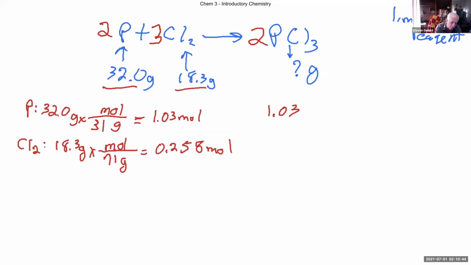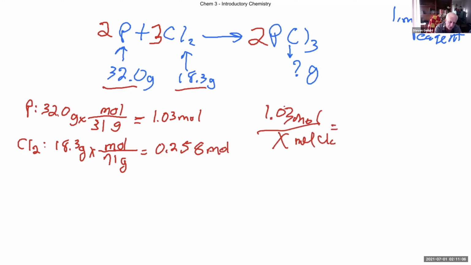All right, so I have 1.03 moles for phosphorus, and I can put X moles for my chlorine.